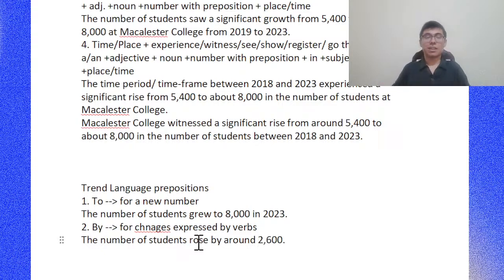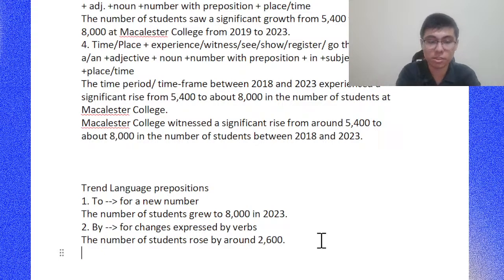So in this case, here we have a verb. That's why we're using by. If we had something like there was a significant rise, we cannot use by, because by is used only for changes expressed by verbs.